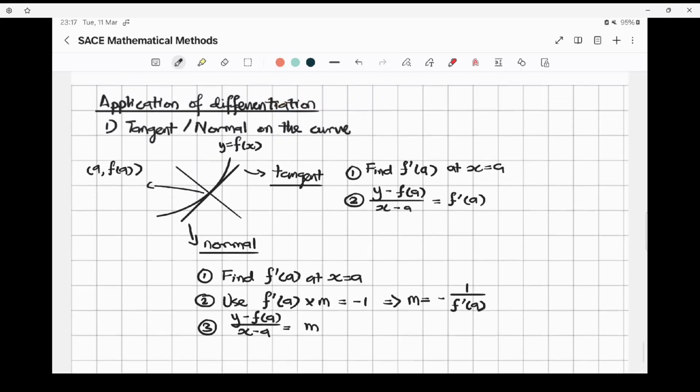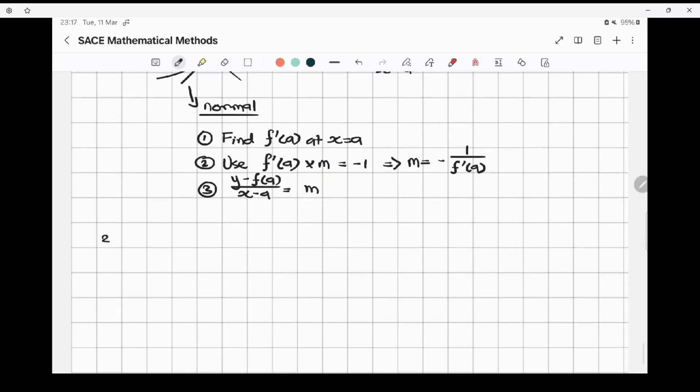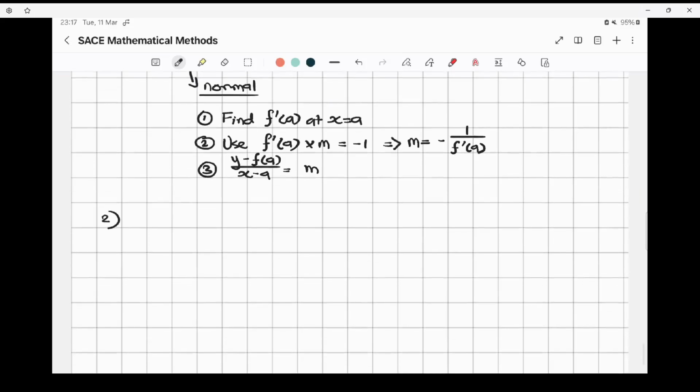So the next application is more important. That is to describe the shape of a graph.